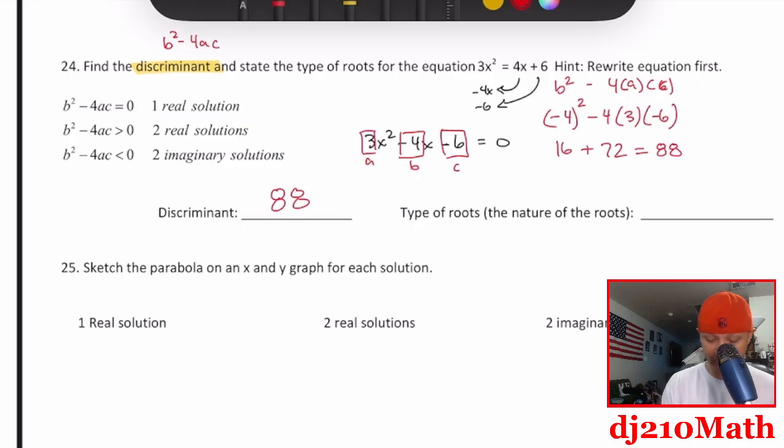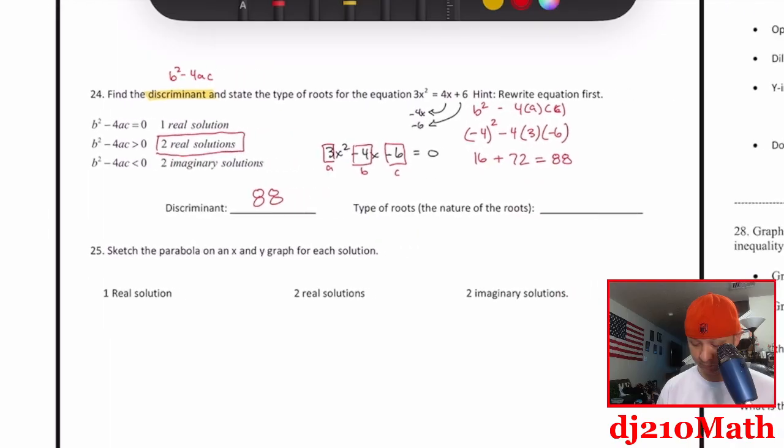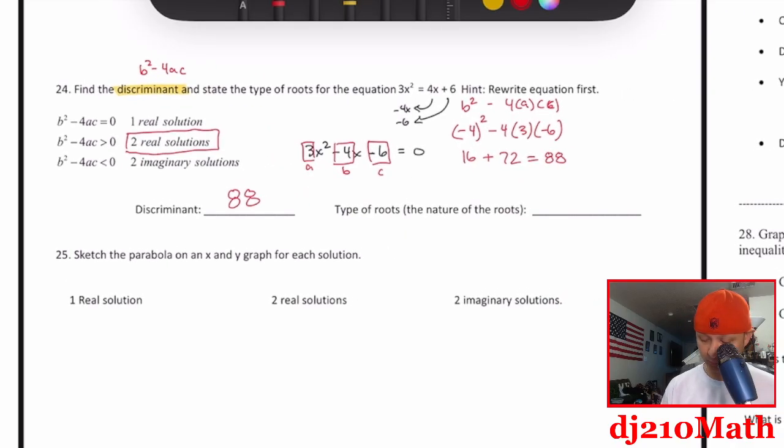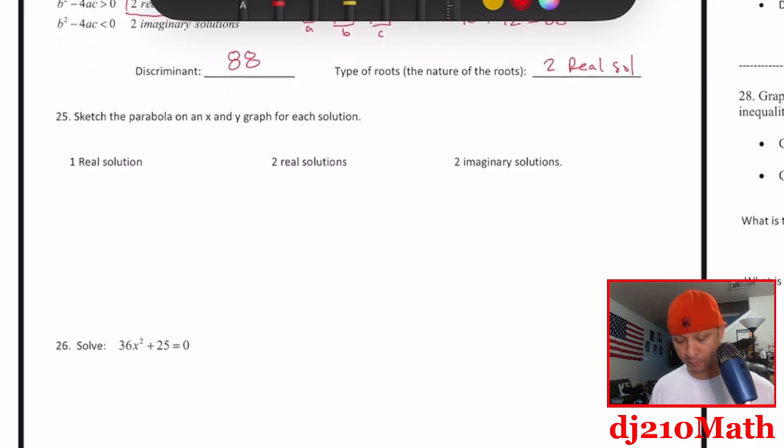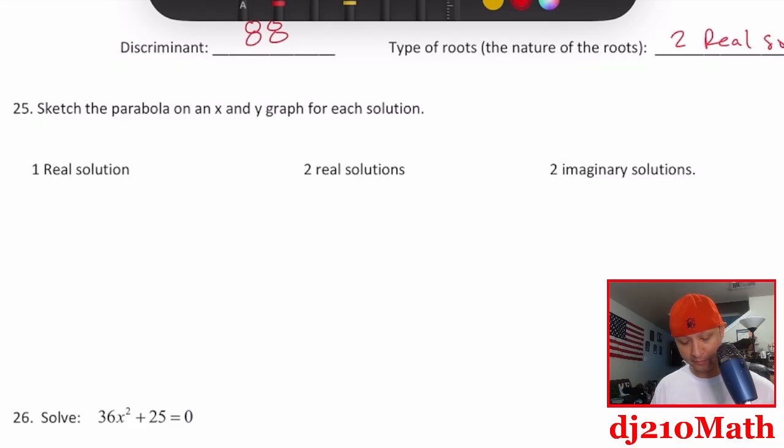Yeah, it is. 2 real solutions. Remember, the discriminant is the part inside the square root. We don't care about the square root. All right, 25.